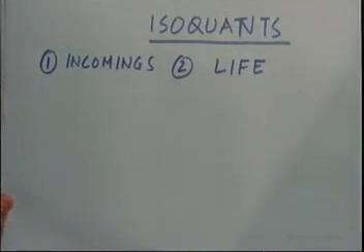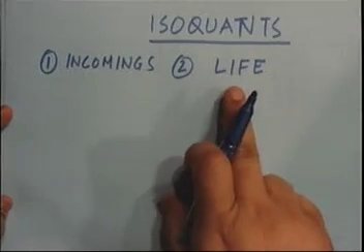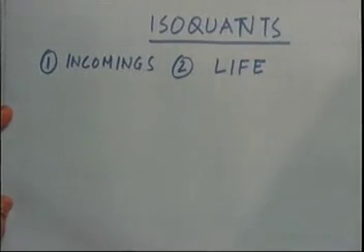Now in this particular method, I have to find out a set of points, set of coordinates involving different values of incomings and life at which my net present worth is 0.